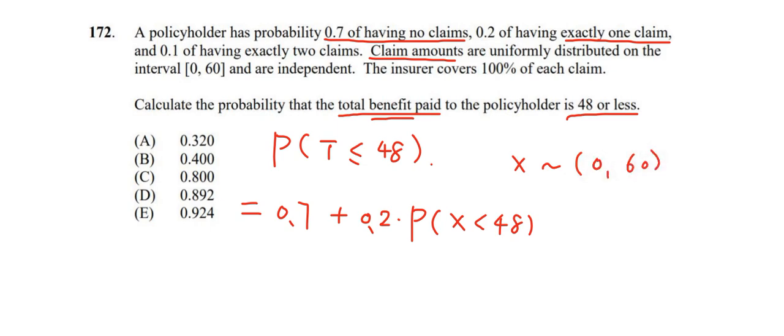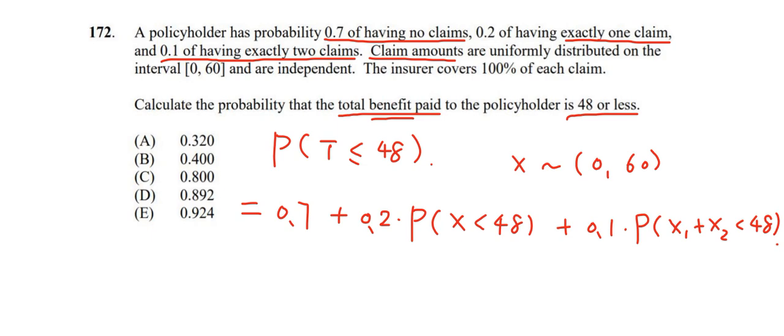Okay. And also 0.1 probability of having two claims. Okay, so for two claims, the first claim we call x1, the second claim x2, so that their sum is less than 40A, right?